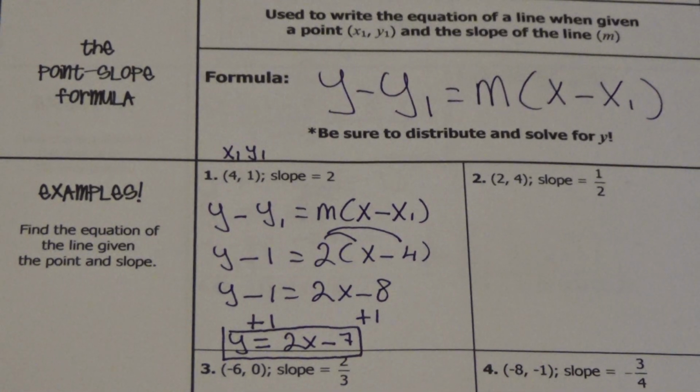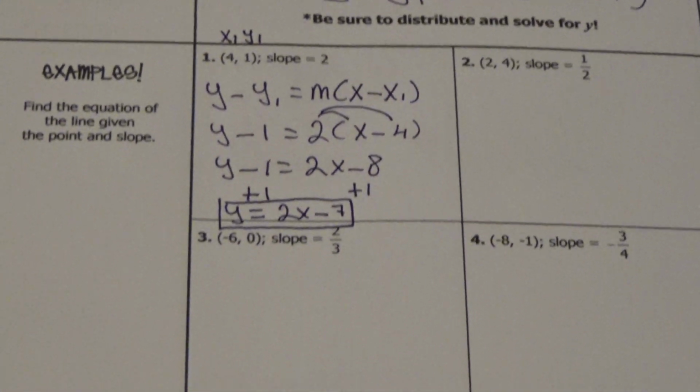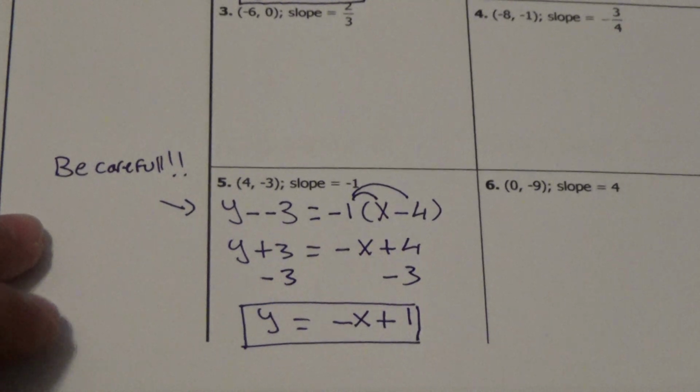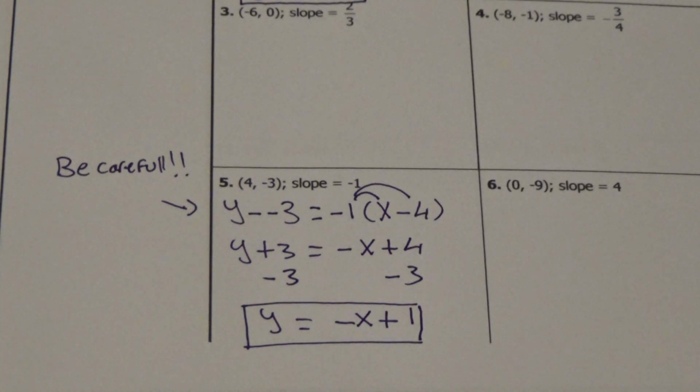We've got one more example on the front page. If you go all the way down to example 5, now my point is 4 and -3 with a slope of -1. Be careful. The formula says y minus and x minus.